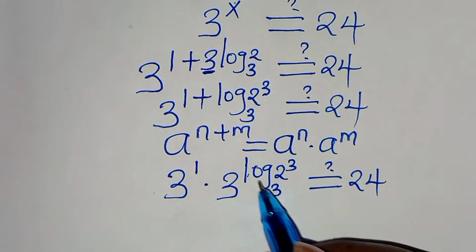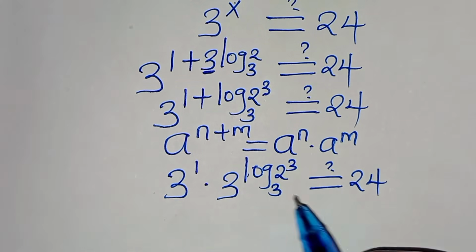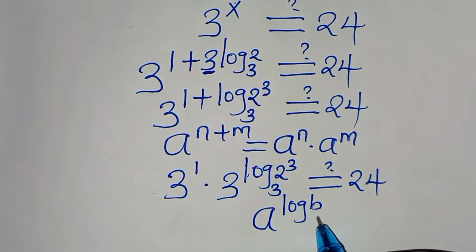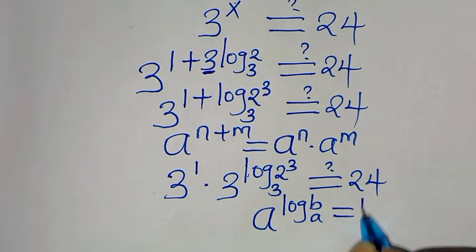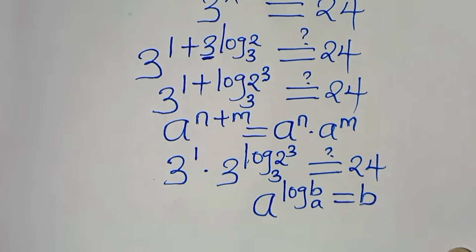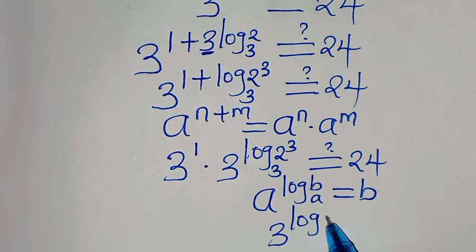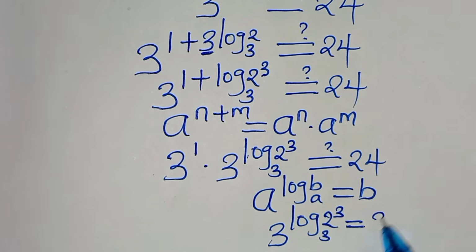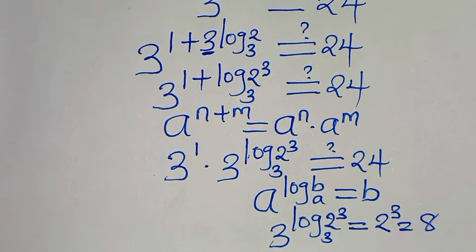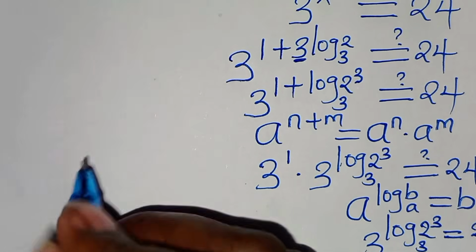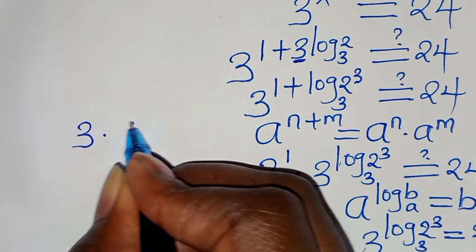Now, 3 to the power of log 2 to the power of 3 to base 3 is in the form of a to the power of log b to base a. This should give us a value of b. Therefore, 3 to the power of log 2 to the power of 3 to base 3 gives us a value of 2 to the power of 3, which is equal to 8. So let's substitute 8 back into the equation, so that now we have 3 multiplied by 8.